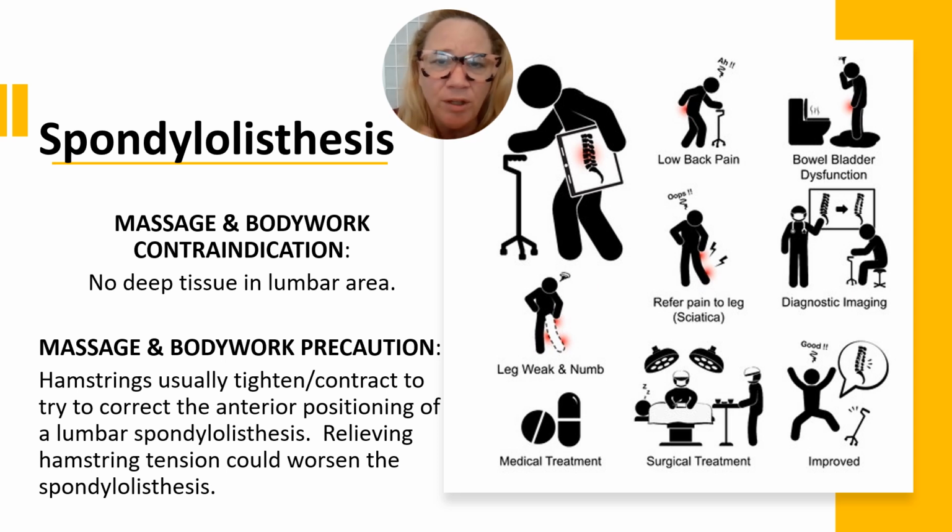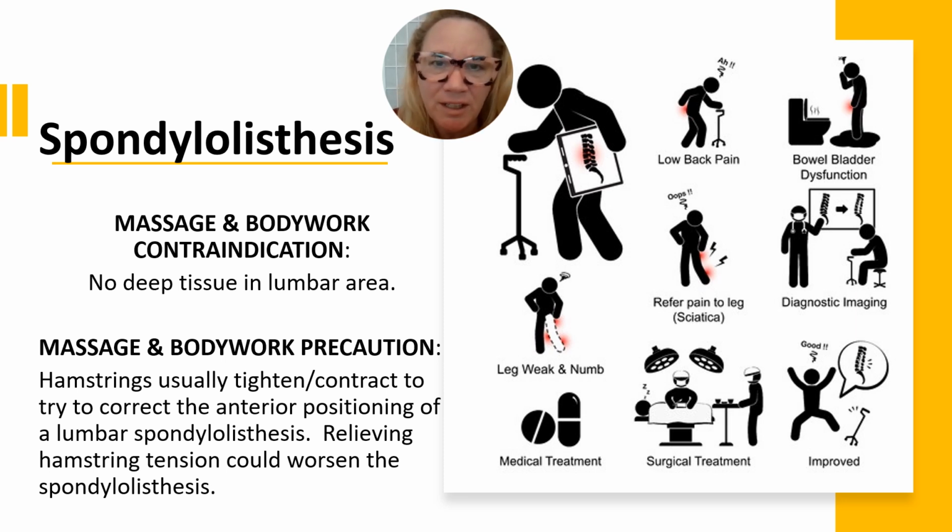Also, what will happen in lumbar spondylolisthesis is you want to not provide deep tissue or stripping or even stretching work in the hamstrings. And that's because as one lumbar vertebrae slips further over another vertebrae, the hamstrings will start contracting to prevent the vertebrae from slipping even further forward.